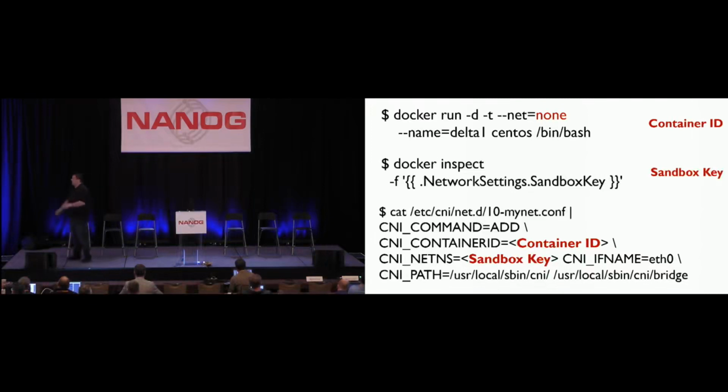When you call a binary, you can pass environment variables into your executable. And here we pass 5 environment variables: CNI command, CNI container ID, CNI namespace, and the interface that you want to use for the container, as well as the path for other binaries. Although in this case, we only call the bridge driver.